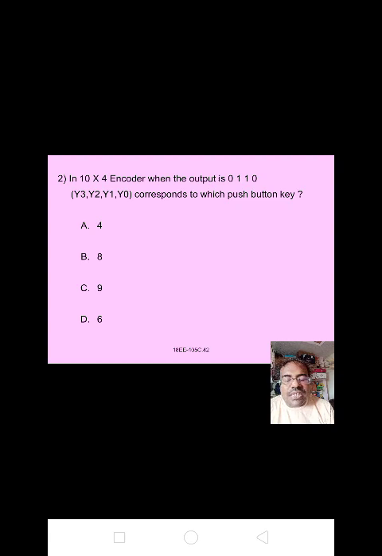A, 4. B, 8. C, 9. D, 6. If anyone can guess the value: 0110 for 10x4 encoder corresponds to which push button key? By clearly observing the answers, we get that the answer is D, 6.